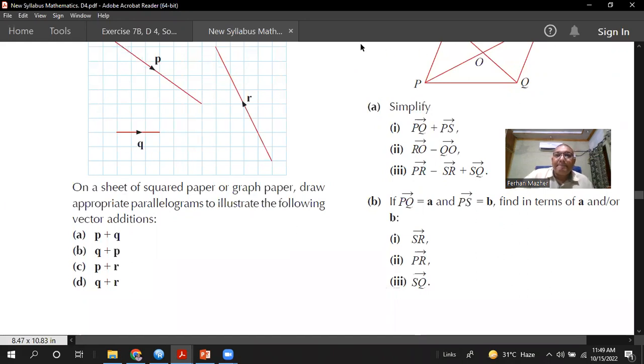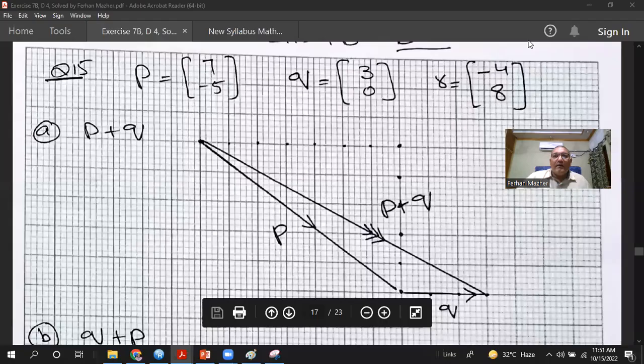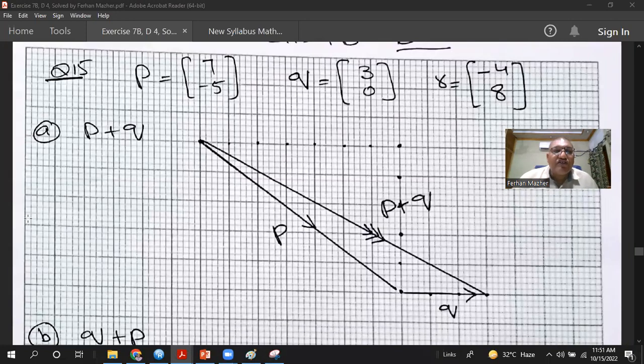So if you want to add P plus Q, first of all, here you can see I have drawn the P. I have added them not with the parallelogram law, I have added them with the triangular law.